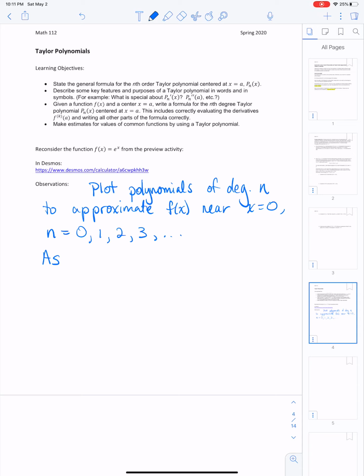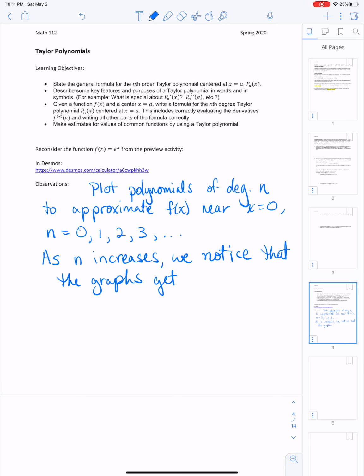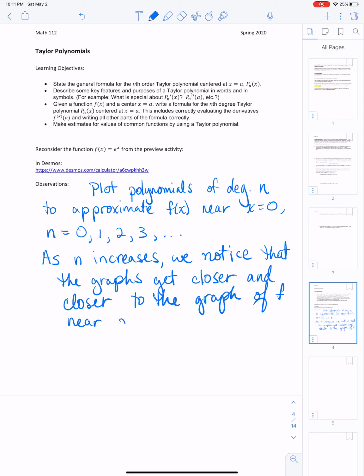And then as n increases, we notice that the graphs get closer and closer to the graph of f near x equals 0.